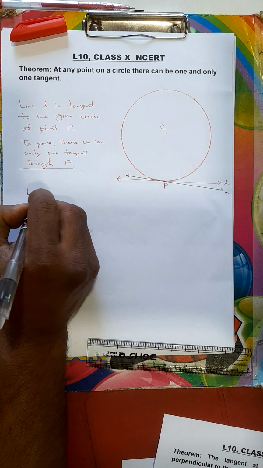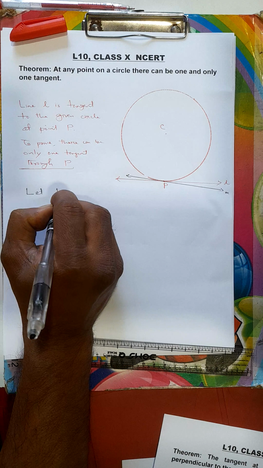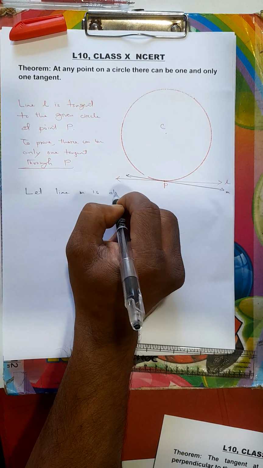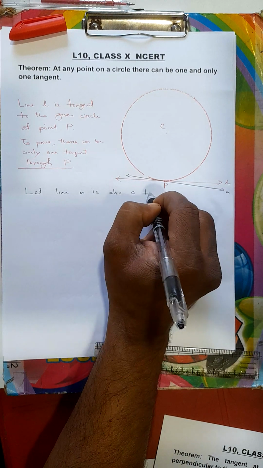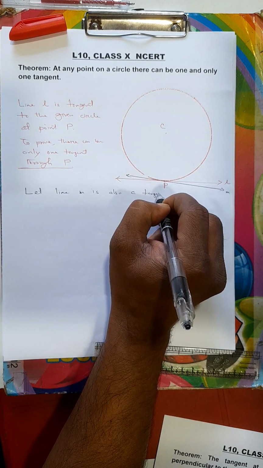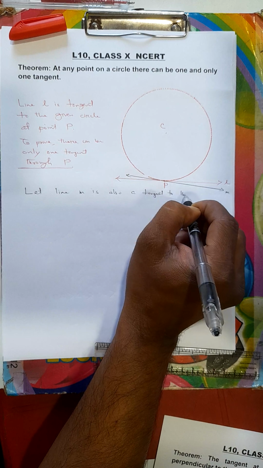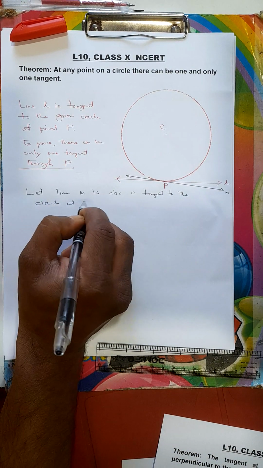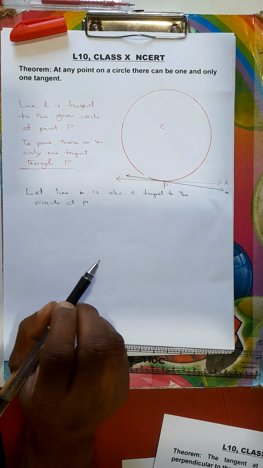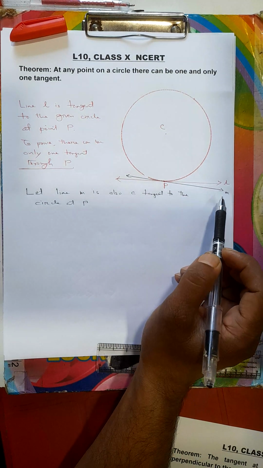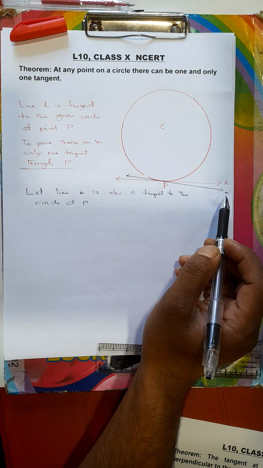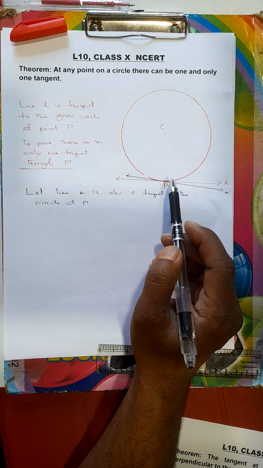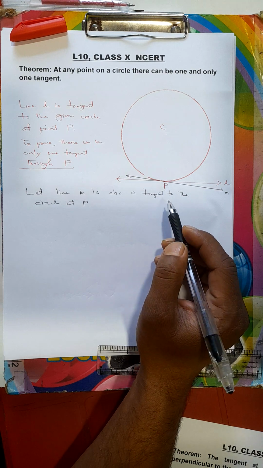So let's say line M is also tangent to the circle at P. So we are assuming that there are two tangents, line L and line M, and they are touching the given circle at point P. Right?